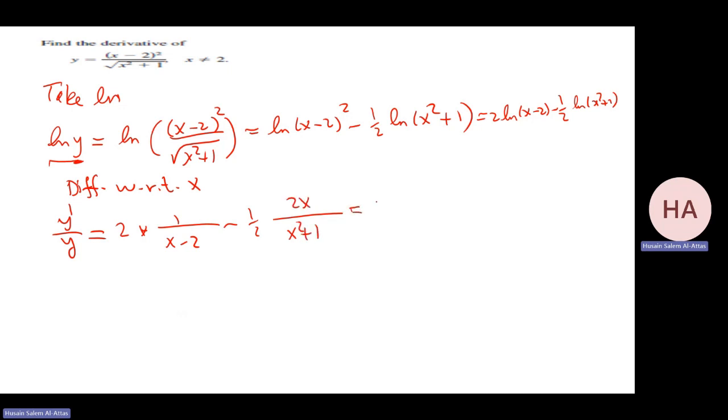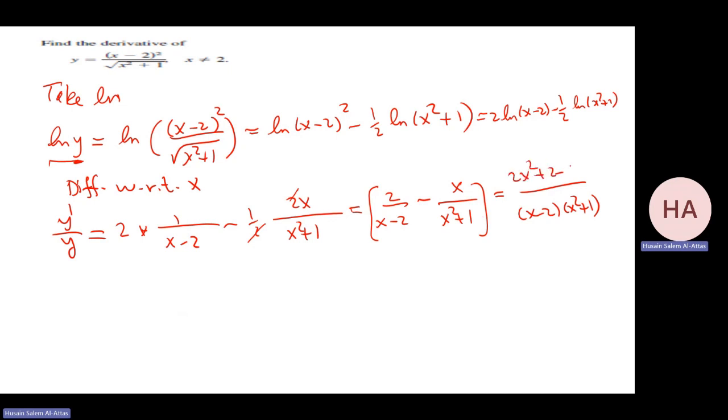And that gives me what? 2 over (x minus 2) minus, this is cancelled, x over (x squared plus 1), where I can simplify it more as (x minus 2) times (x squared plus 1). I have 2x squared plus 2 minus x squared plus 2x.